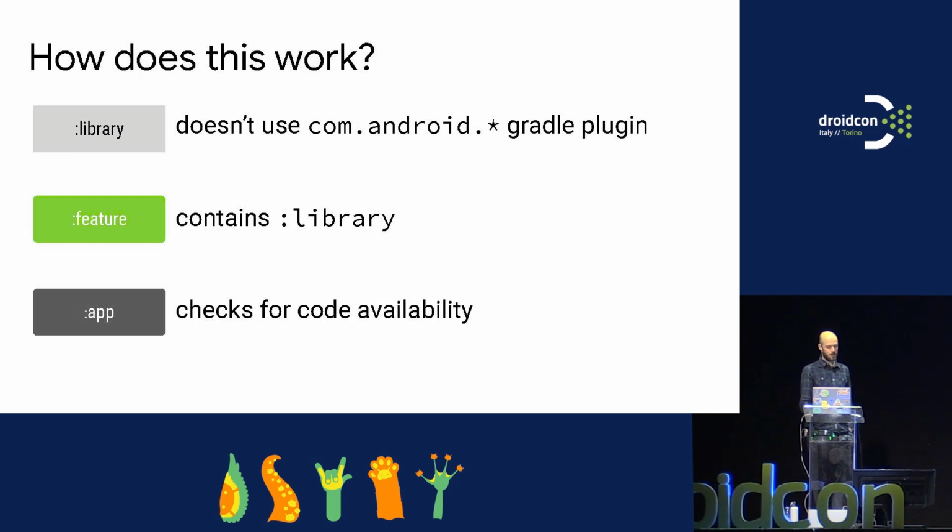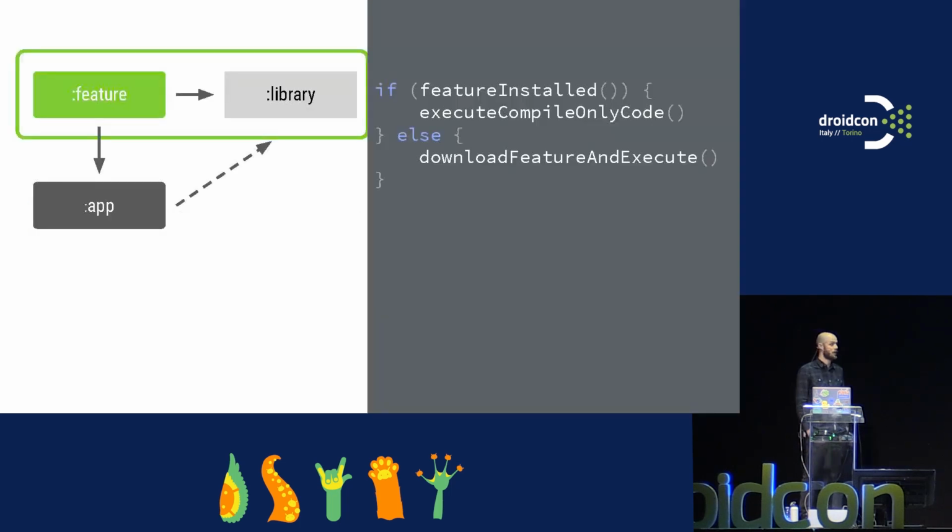So what are the prerequisites to make this work? The library doesn't use a com.android plugin, so the Kotlin plugin would be fine, Java plugin would be fine for that as well. The feature contains a library, and the app has to check the code for availability. So essentially what you have to do is you have to just gate your access to the library from your application module. So you just check whether the feature is installed. If it's installed, it's fine.